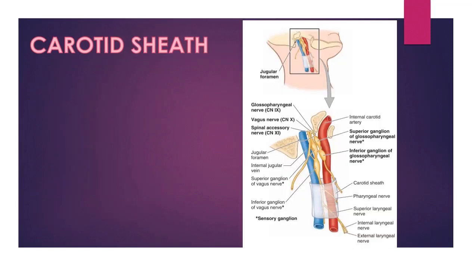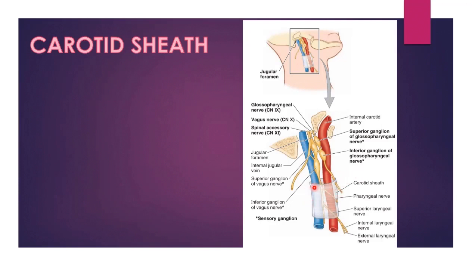Now, first coming to the carotid sheath. It is a fascial sheath which encloses the common carotid artery, internal carotid artery, and internal jugular vein. External carotid artery pierces the carotid sheath and comes out.